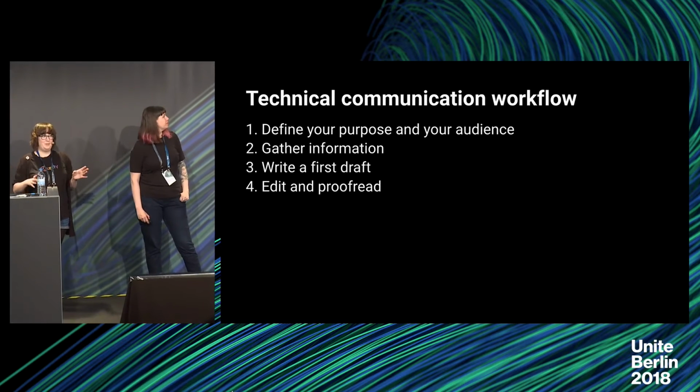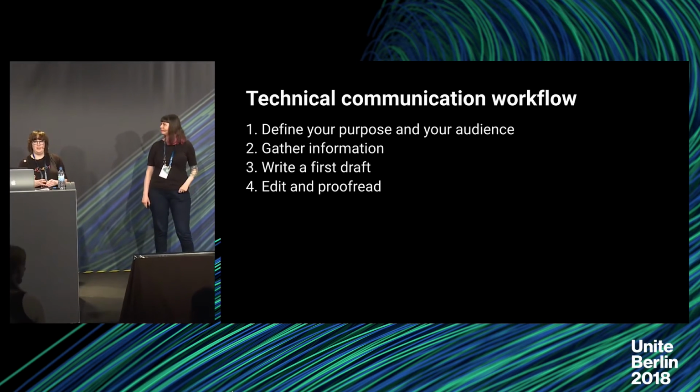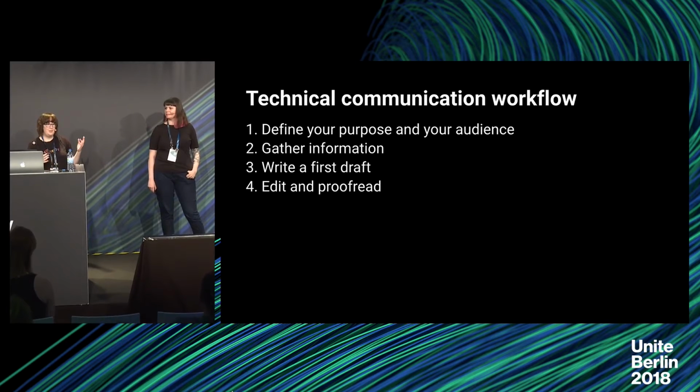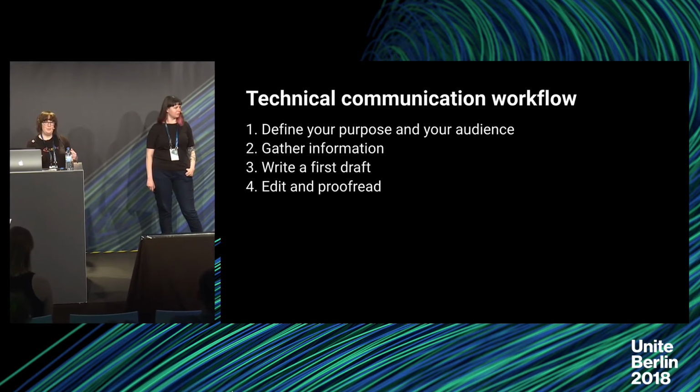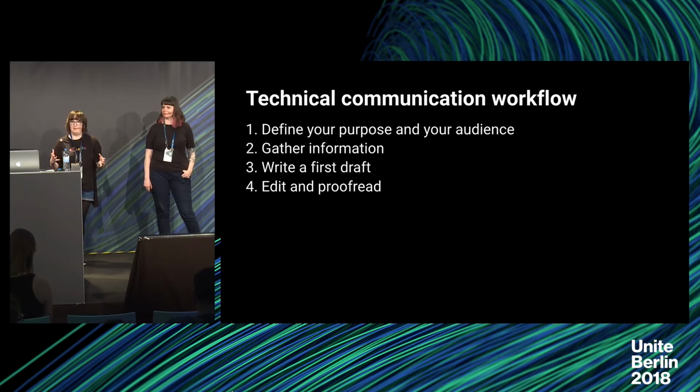Okay, so we've covered the three main principles: accuracy, clarity, and conciseness. And now we're going to take you through the workflow that we use at Unity to make sure that all of our technical communications adhere to those principles. So these steps are drawn from how we write and also from general best practice for writing anything.